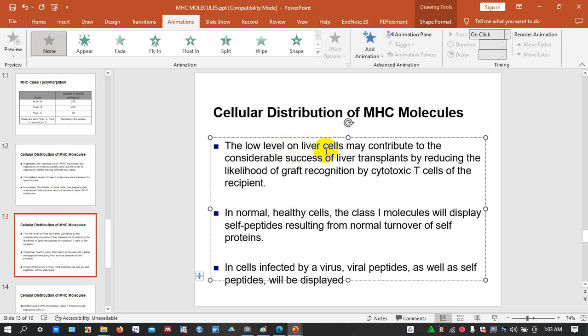So when somebody donates a kidney to somebody who has a low level of MHC, then the kidney will stay forever. There will not be any reaction. The body will not produce any antibodies against the kidney, because genetically the donor and the recipient are similar.